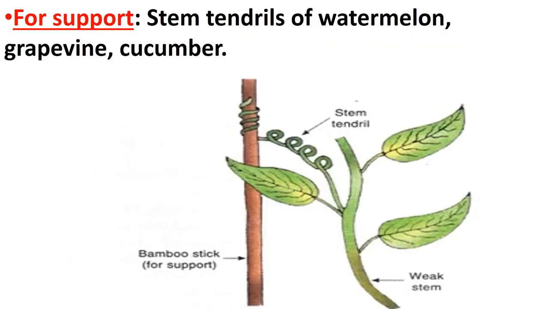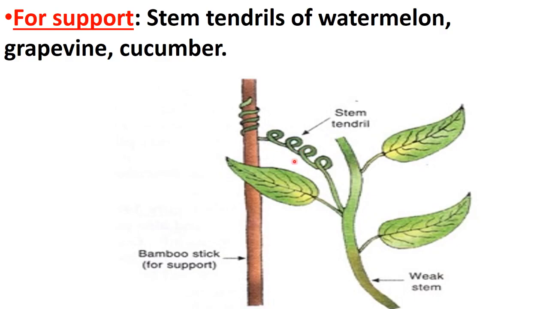The next type of stem modification is for support. You see here in this picture, these are stem tendrils. Sometimes plants make this kind of structure, called a stem tendril, and it can take help of any support near it and help in the climbing of the plant.